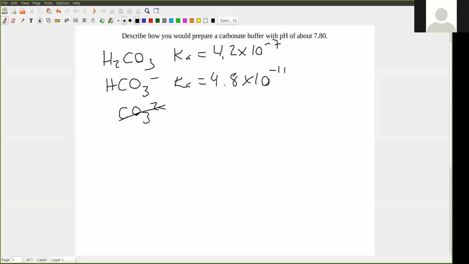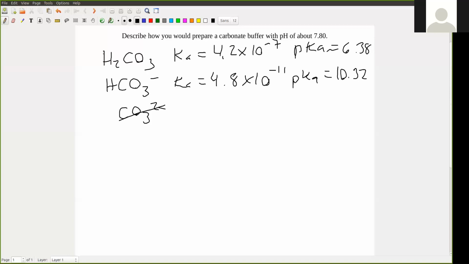So if we did the pKa, which is just the negative log of the Ka, much like pH is the negative log of your hydrogen proton concentration, the pKa for this one is 6.38. And for the next species, the pKa is 10.32.